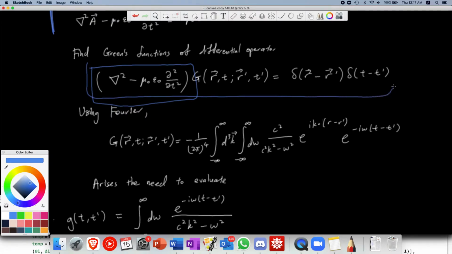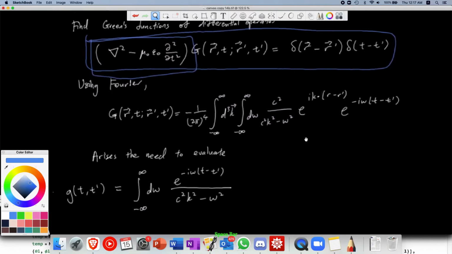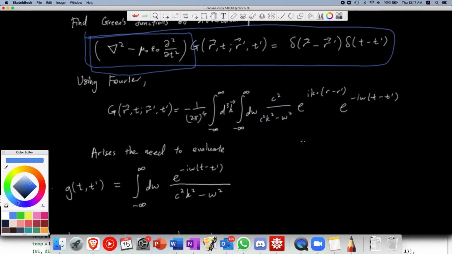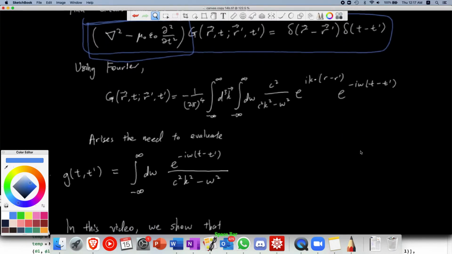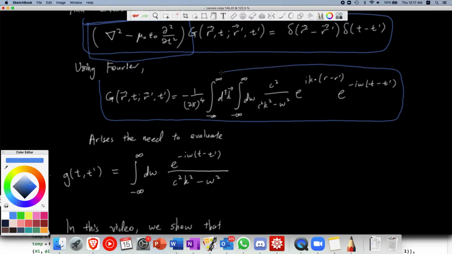This differential equation is now our goal, and to do so we use Fourier series, and we compute the right hand side and the left hand side. I'll not show the details in this video, but we obtain the following expression for the Green's function.